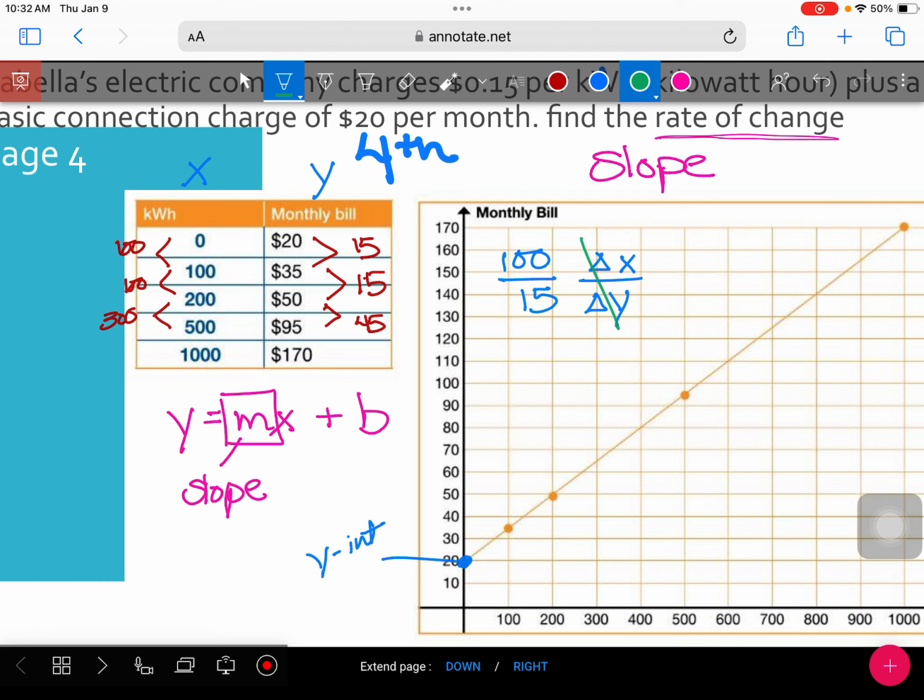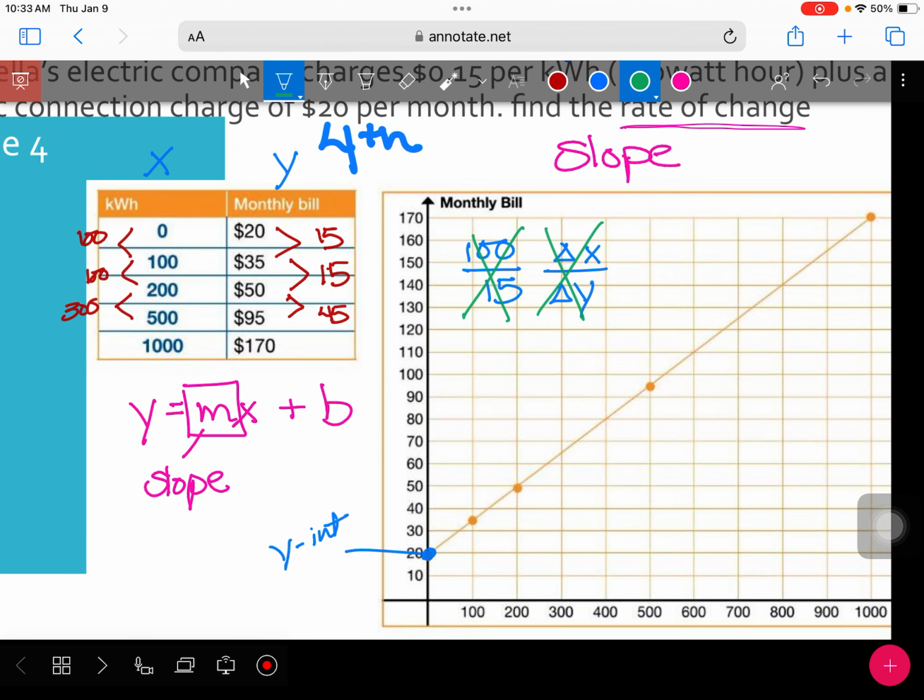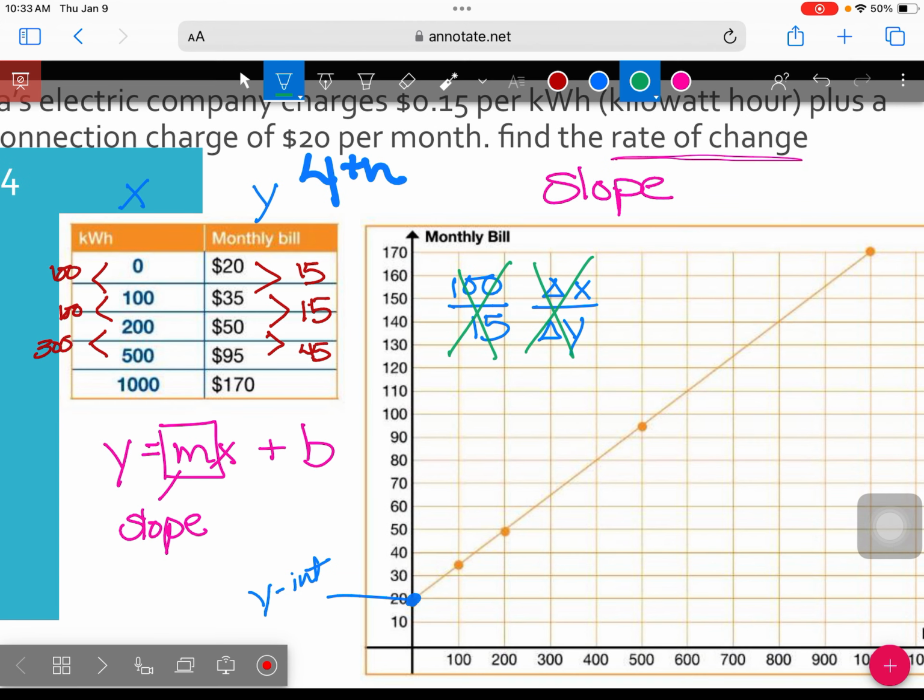I'm sorry, that is not correct. You're close. Actually, slope is the change in y over the change in x.